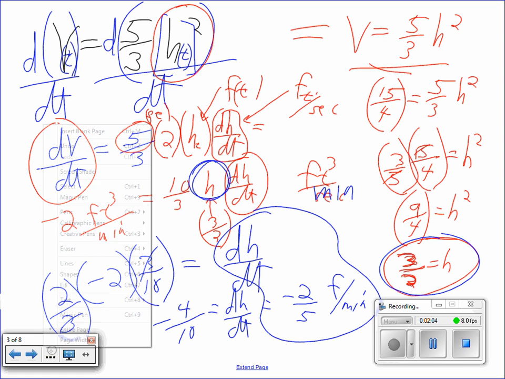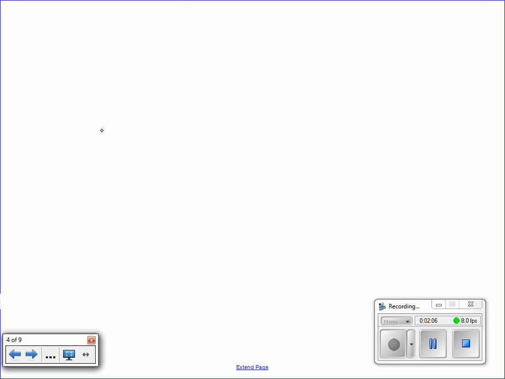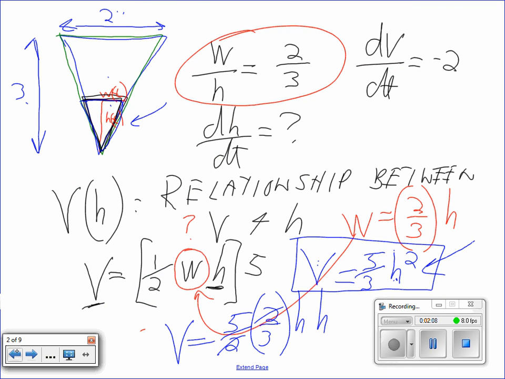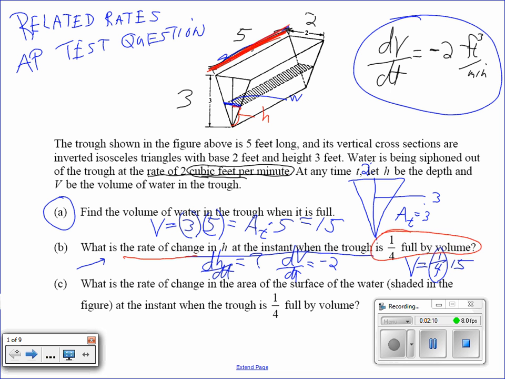Okay, there's a third part to this question, so I guess we ought to get back to that. What is the rate of change in the area of the surface of the water? The surface of the water, well, that's this. That's the width.